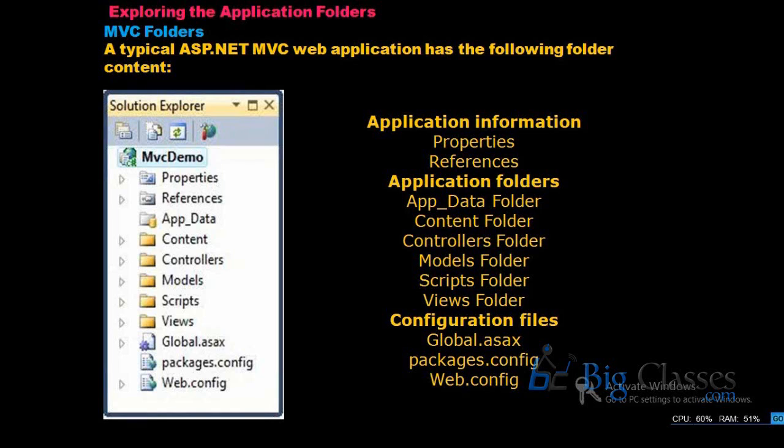Application data is the place to put the database. Content is one of the folders, for images, CSS related and JavaScript related files.